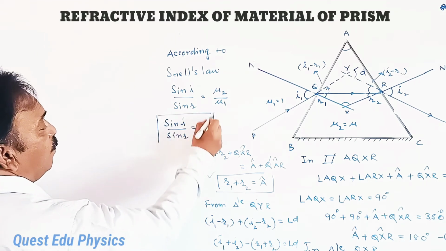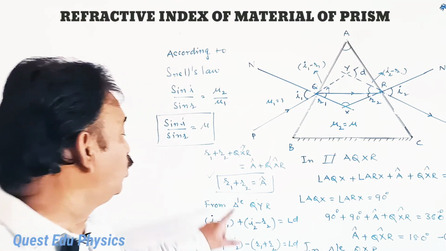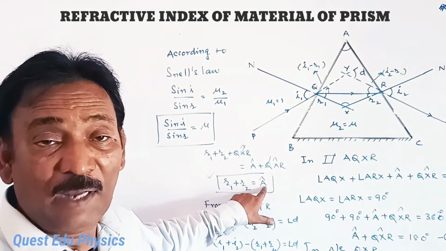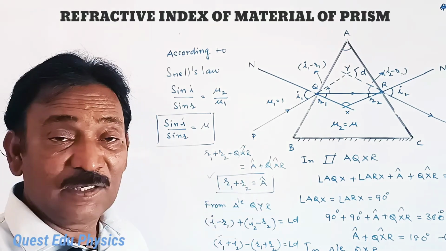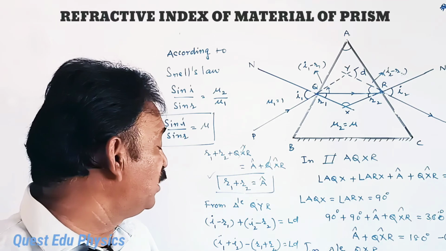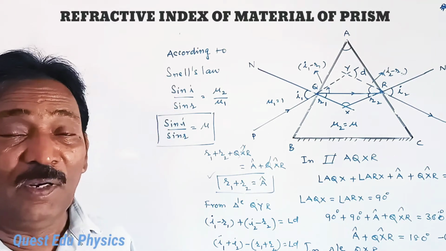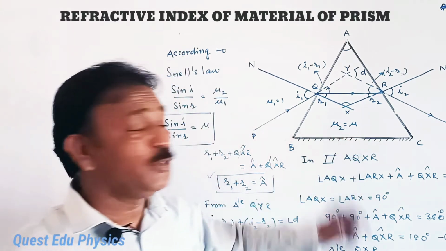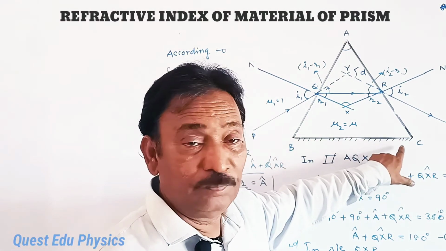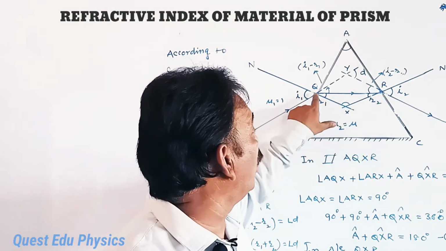Freeze this, students. Now, here we have the two refracting angles related to the angle of prism. The sum of the angle of incidence and angle of emergence is equal to the sum of the angle of prism and deviation. Now listen, students. If you take this prism, you will find that the base of the prism, BC, appears to be parallel to the refracted ray, QR.